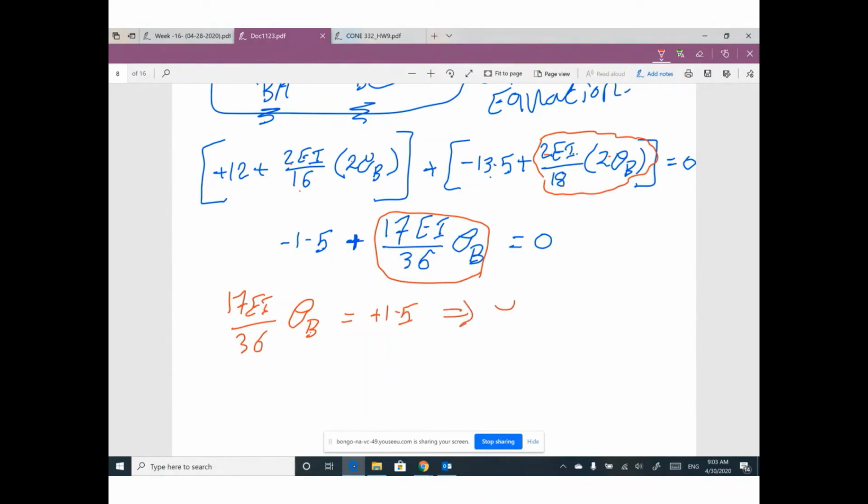Finally, I can say theta B will be 54 divided by 17EI.